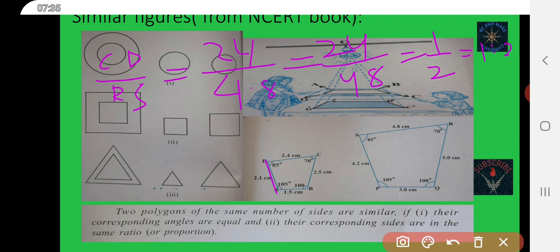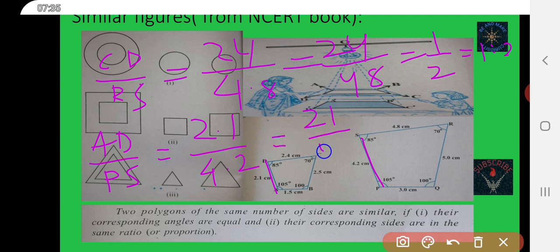Now you find the ratio of sides AD and PS. So AD by PS, AD is 2.1 and PS 4.2, that is equal to 21 by 42. If you cancel, you get 1 by 2. The ratio is 1:2.